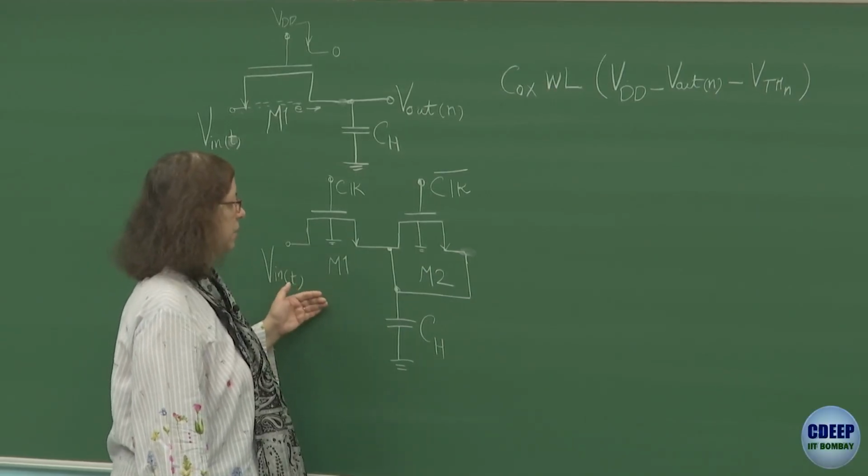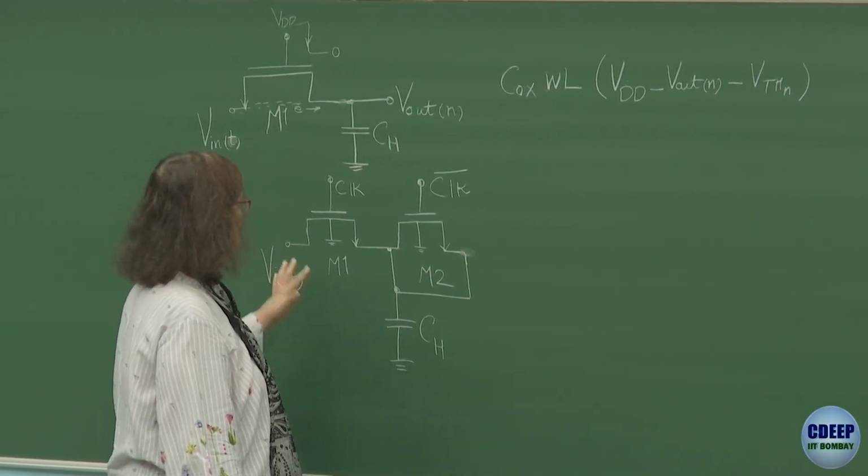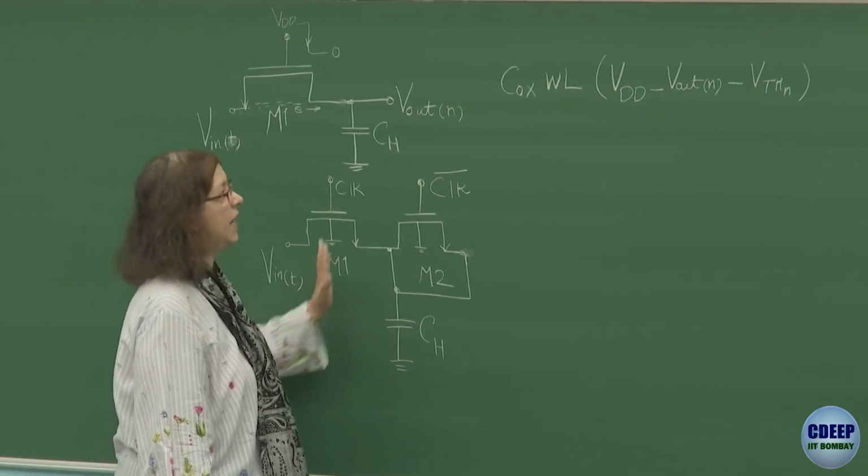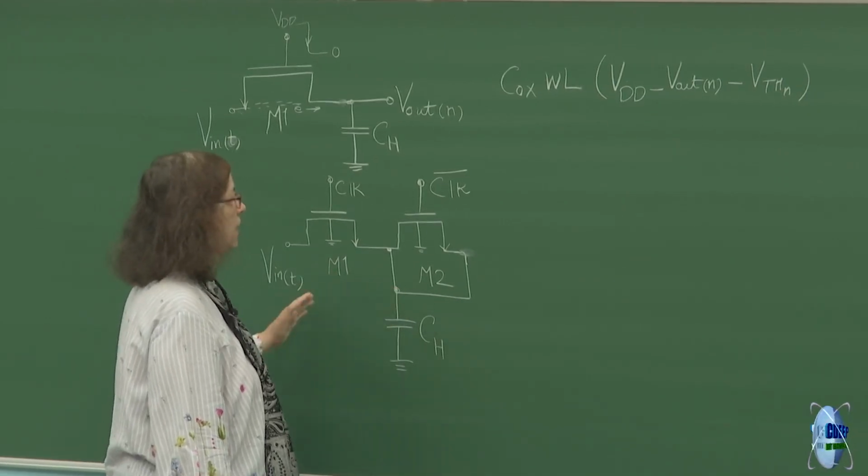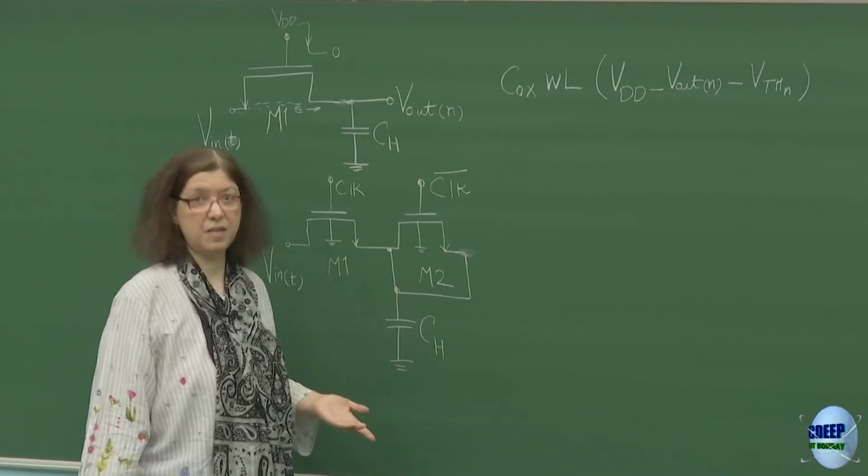Now imagine the charge which is stored in the transistor M1 is entirely transferred to transistor M2, then we need to make M1 and M2 of the same size.